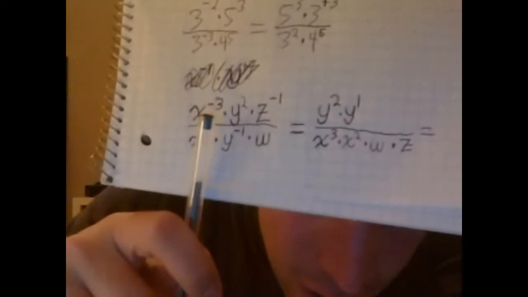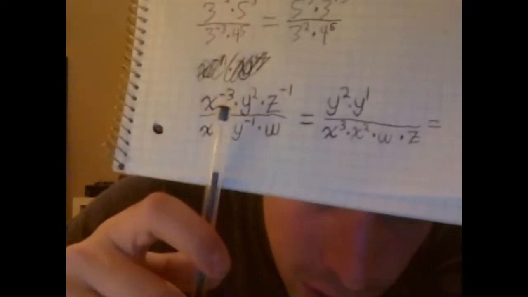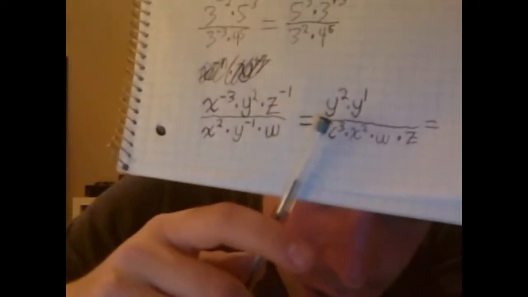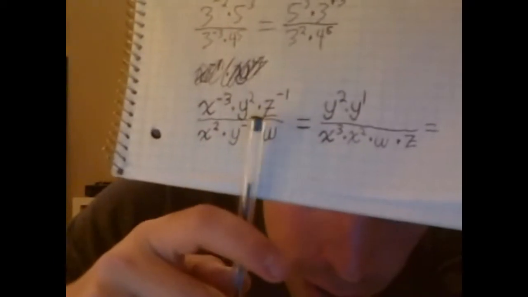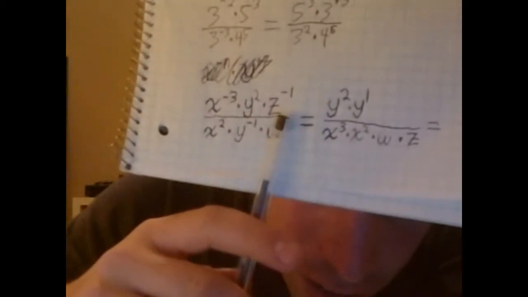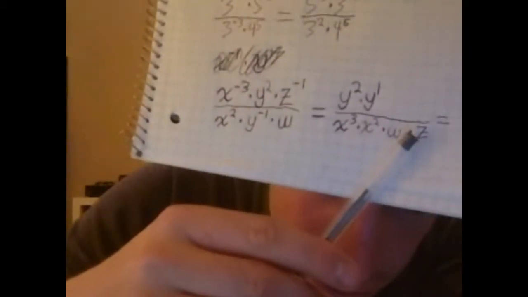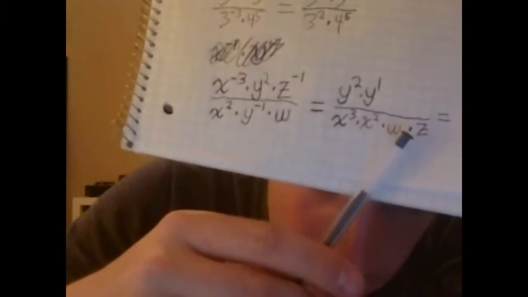So this x to the negative third in the numerator becomes x to the third in our denominator. Here we have y squared in our numerator. It stays in our numerator because it has a positive exponent. Now we move our z to the negative first because it's negative. It becomes a z to the first over here in our denominator with a positive 1.